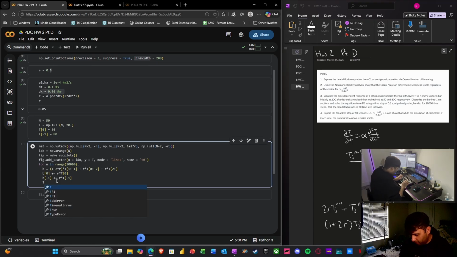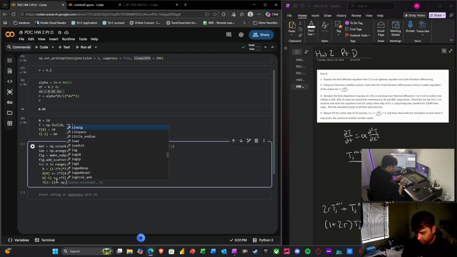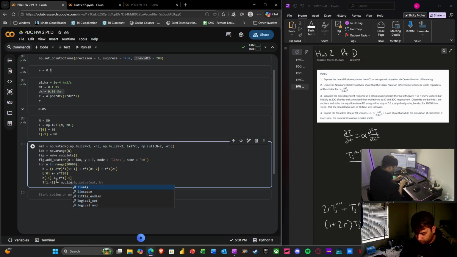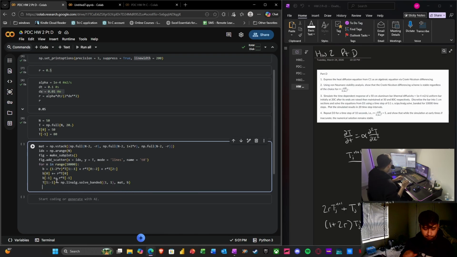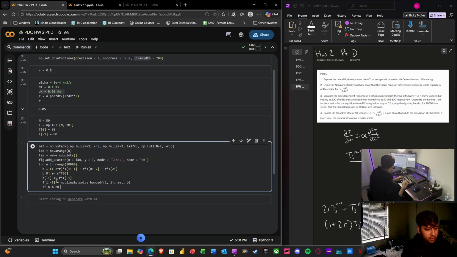So now we're going to go ahead and define our T negative 1, and this is going to be using our scipy.linalg.solve_banded as stated in our problem statement. We're going to go ahead and make a 1 of 1, our matrix, and our b values. And then we're going to say that n modulo 20 becomes 0.